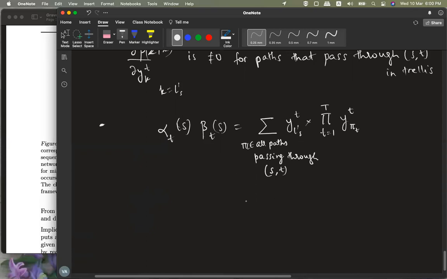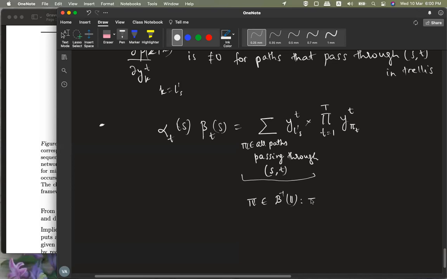So just to write it more mathematically, there's just this summation term. Instead of writing the whole thing, I will just write this part. So this is basically pi belongs to B inverse L, right? All the paths which correspond to the label sequence L, such that this node is covered, right?